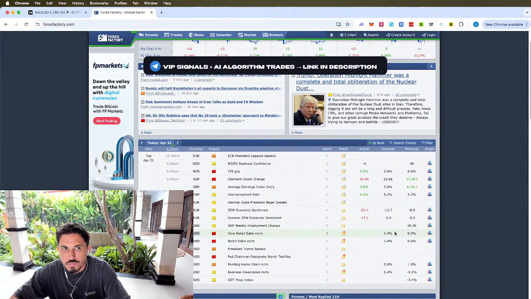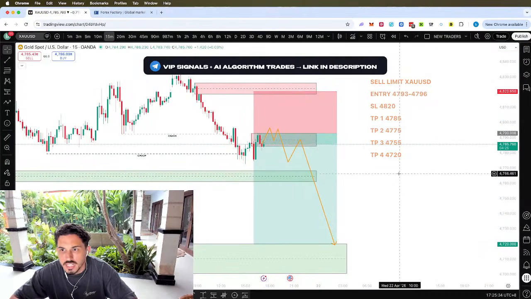So I think this is what people are a little bit cautious about. I think the next big move will be around 8:30, which will be the next 3 hours. Next 2 hours, sorry. The next 3 hours, yeah. There's still quite a bit of time. Anything can happen during that period, but I think that's going to be possibly the next big move. But until then, we're just going to keep waiting.